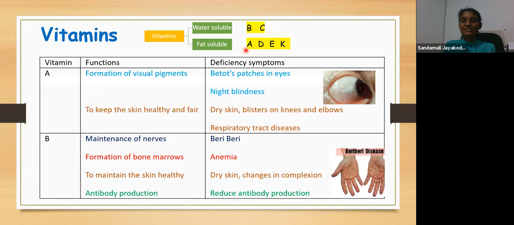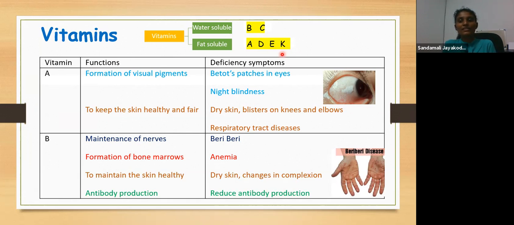But these fat soluble ones, vitamin A, D, E, K, you can remember as ADEK. Vitamin A, D, E, K are not that type. They are fat soluble. They are dissolved in fat and then later absorbed and stored in our body.